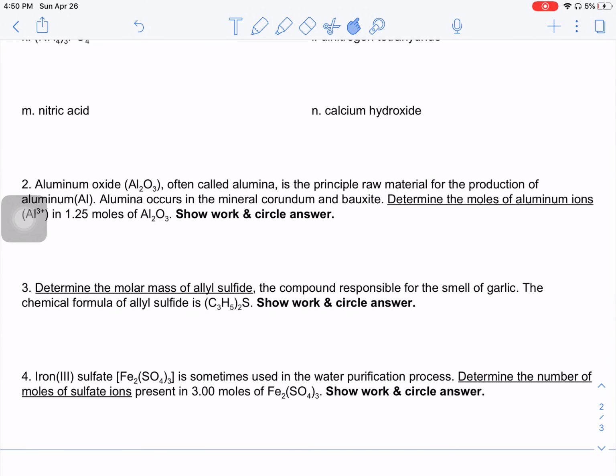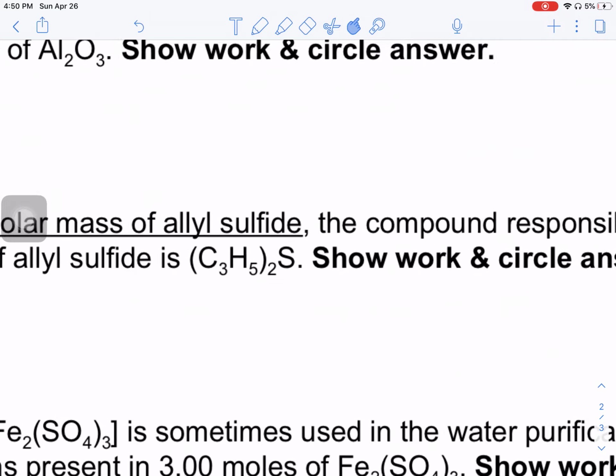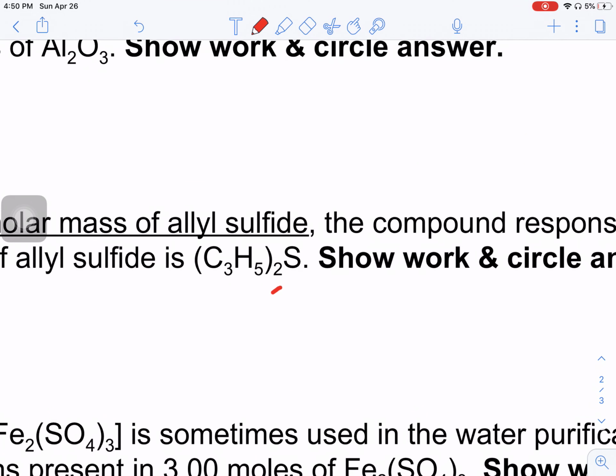But I think we could probably do number 3, the molar mass of allyl sulfide, the compound responsible for the smell of garlic. The chemical formula is parentheses C3H5 and parentheses 2S. So when we dig into this a little bit, we have to distribute that too. So we're actually going to have 6 carbons, and 6 carbons would be 6 times 12.01.